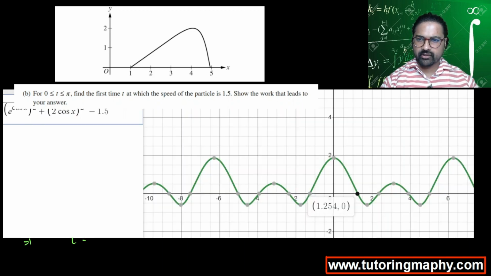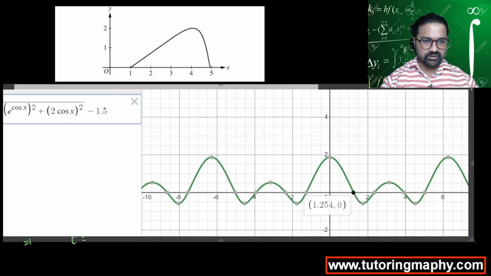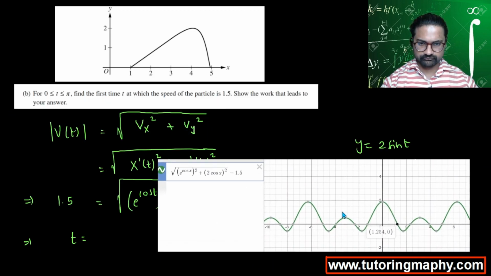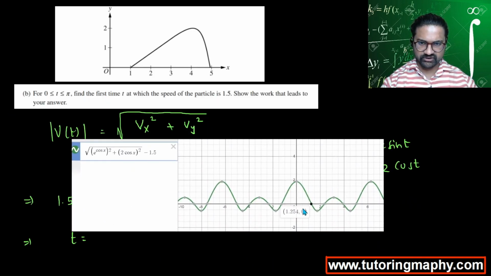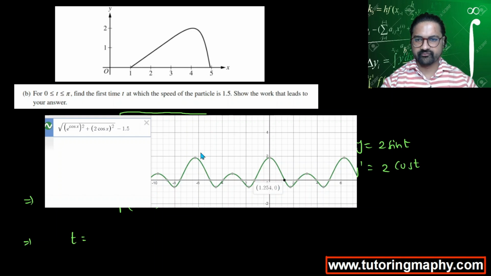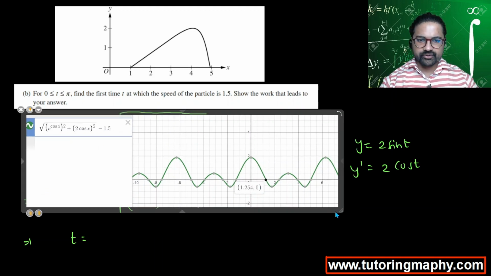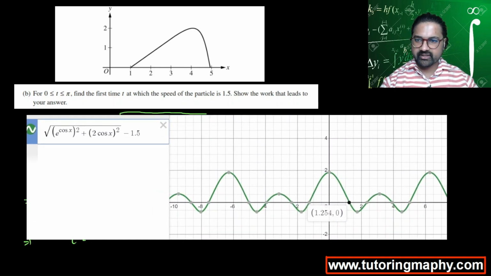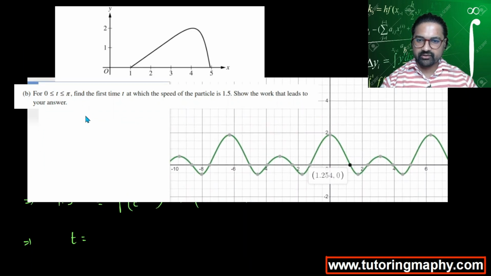Okay, I'll explain what I did. So what I did is I basically graphed the function which we had.